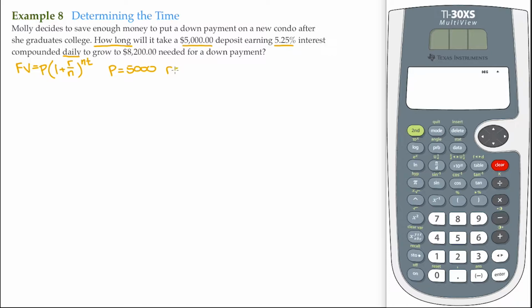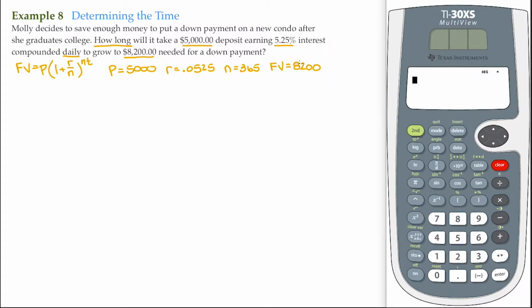So we have an interest of 5.25% compounded daily. So the number of pay periods, that's 365. That's a lot. To grow to $8,200. So here's our initial amount and here's our ending amount. So that's our future value. And that's our $8,200.